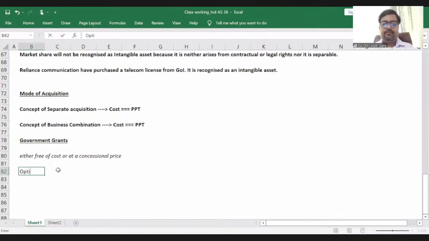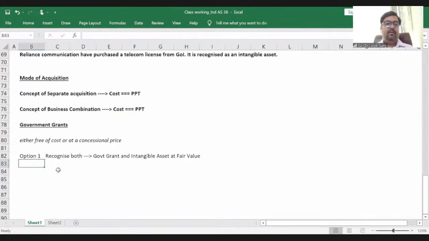Option 1. Recognize both. That is, recognize government grant and intangible assets at fair value.